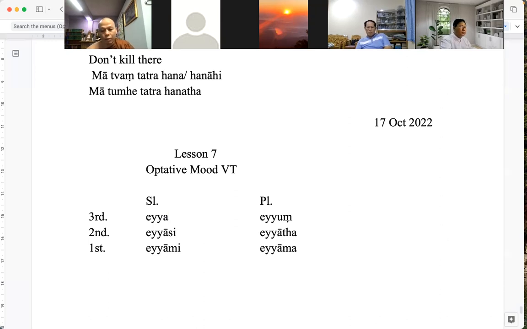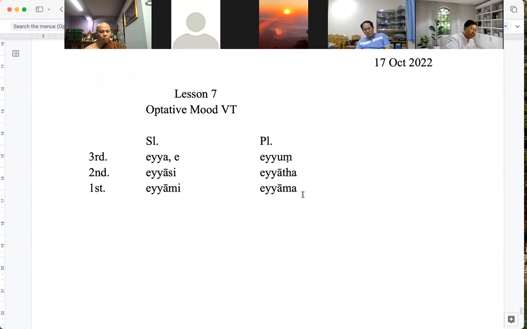And then this ending can be contracted as e. Sometimes we can see iya, sometimes only e. For example, we have the dava base, right?